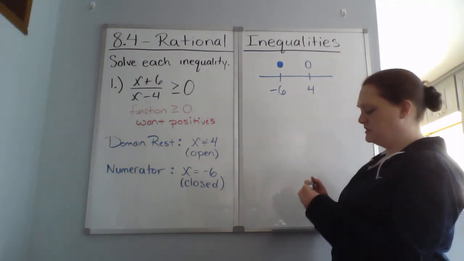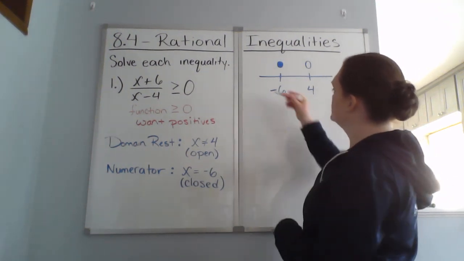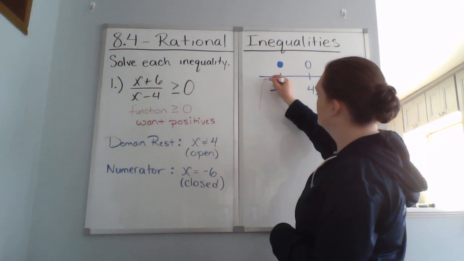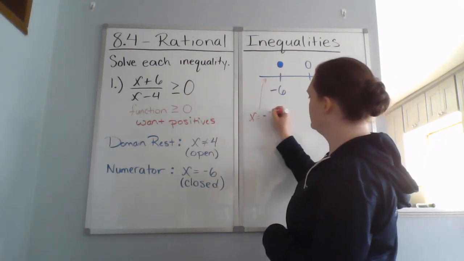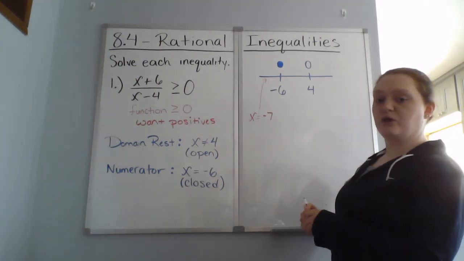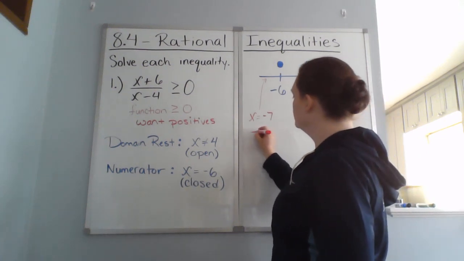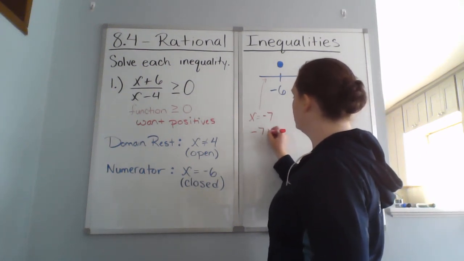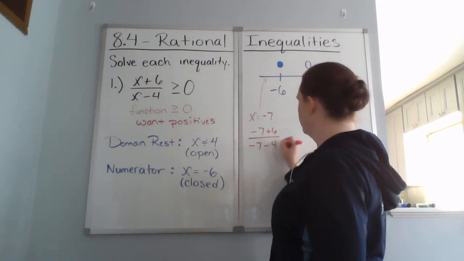Let's pick a number from the first interval on the left. That number could be x equals, say, negative 7. If I go with x equals negative 7, I plug it into the original expression: negative 7 plus 6 over negative 7 minus 4.